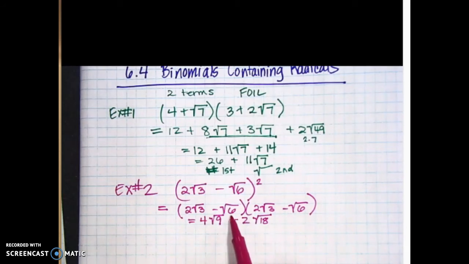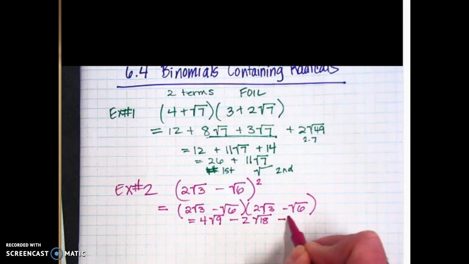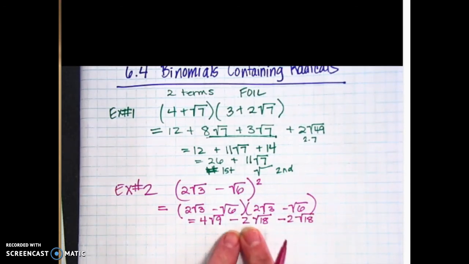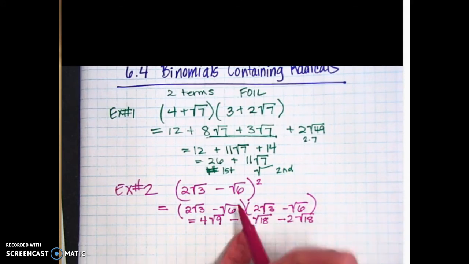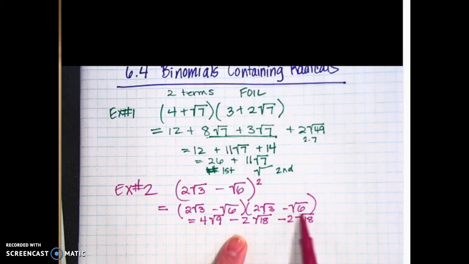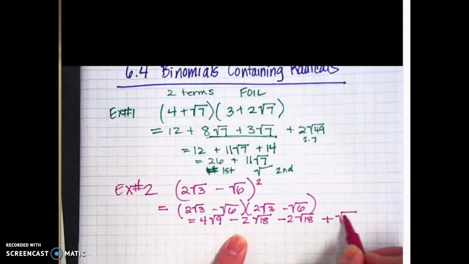Inside, I is for inside, so negative rad 6 times 2 rad 3 is negative 2 square roots of 18. So this is part of the pattern, that this term and this term are the same, okay? There is a shortcut, but you can choose to do it or not do it. All right, L is for last. Negative rad 6 times negative rad 6 is plus the square root of 36.